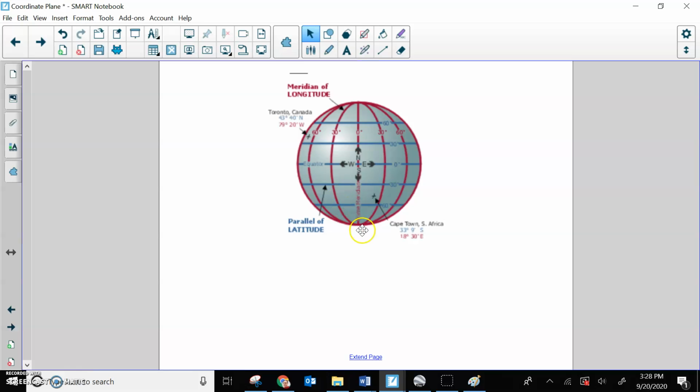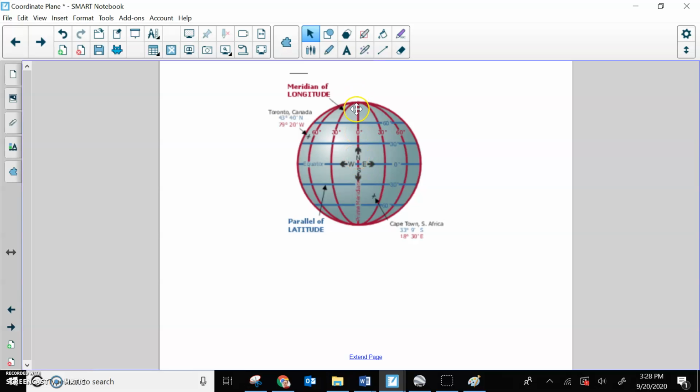Same thing with our longitude lines. There are lots of lines going around the Earth here, but this globe and most maps and globes will really mark every 30. So there's 30 degrees and another one at 60 degrees.